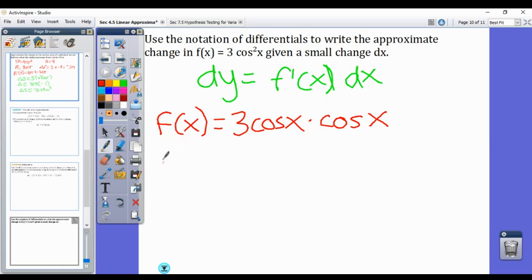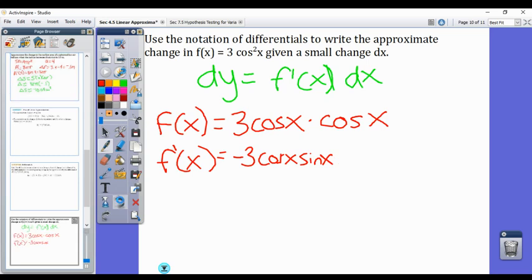So essentially, when we're doing our derivative with our product rule, we're going to end up with negative 3 cosine x sine x plus another term. If I were to simplify that, I would end up with negative 6 cosine x sine x.